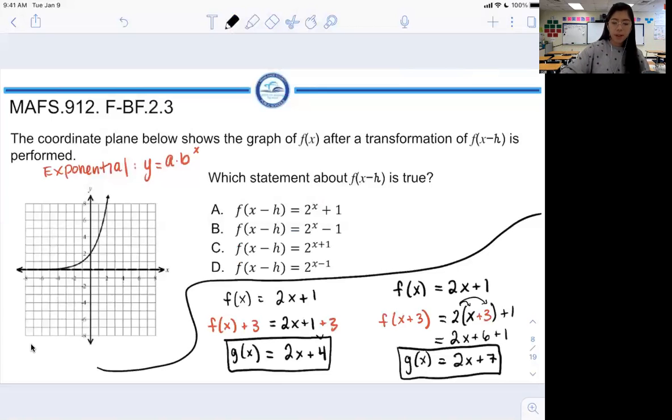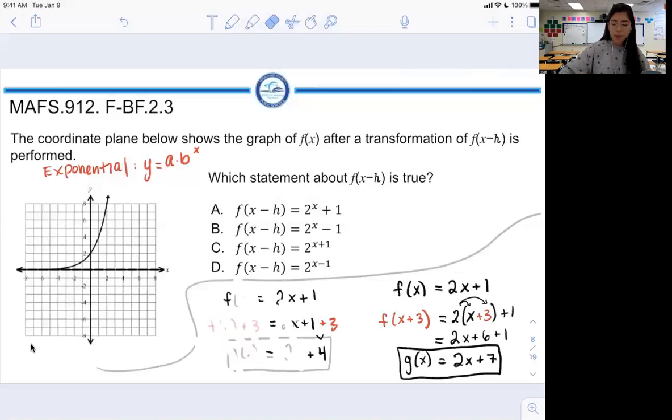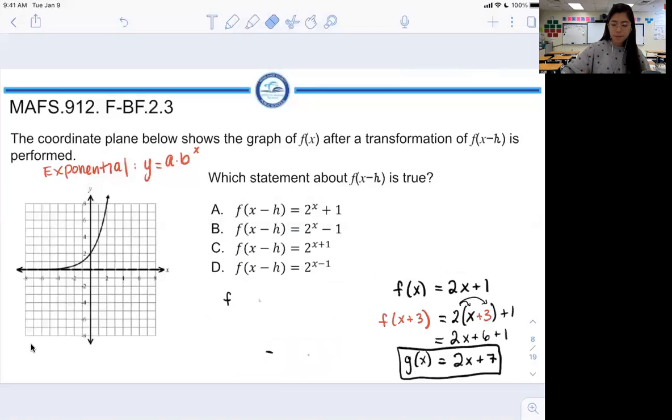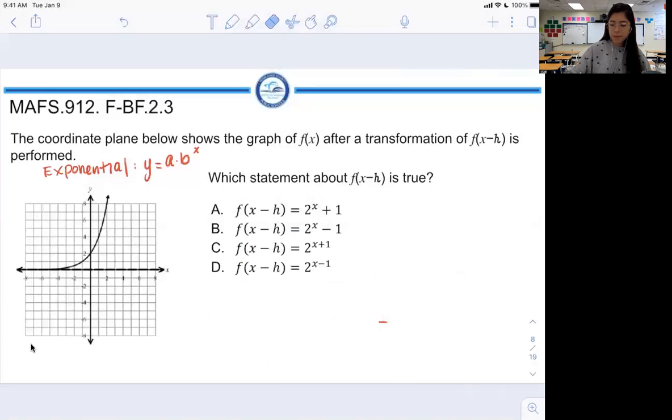Okay. Well, now let's look at our actual problem. They're telling me that the transformation is f of x minus h, where h is in the parentheses. So am I adding h to the function, or am I adding h to the x value?